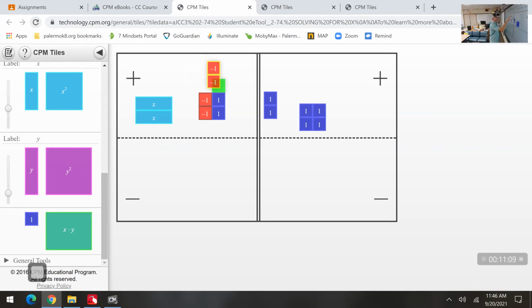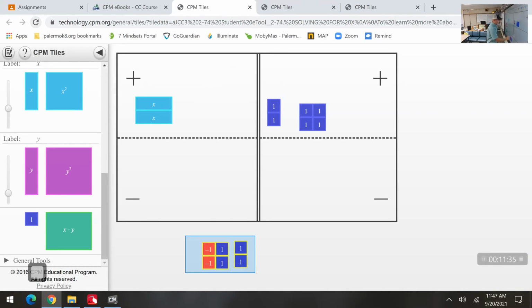If you want to take these 2 tiles and you don't want them there, you can flip them to a different region and change their sign. Notice, after that 0 pairs, you're left with the same result. So this legal move, here's what we have. You take these 2 and you flip them. Notice it is the exact same result as if you do a 0 pair balance.